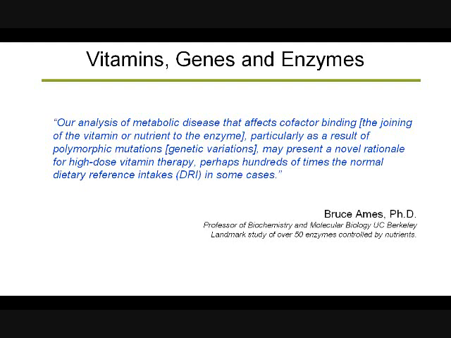Now, we went through these mega doses of vitamins in the 70s, 80s and 90s. We don't recommend that anymore. But what we're saying is, in some cases, certain individuals, based on these variations in their genes, may need 5 to 10 times as much of a nutrient as somebody else that doesn't have that variation.